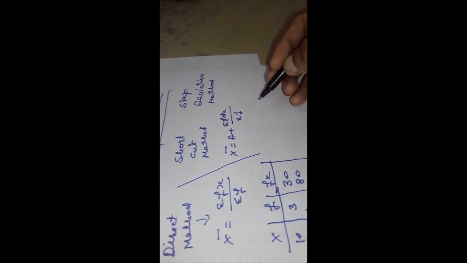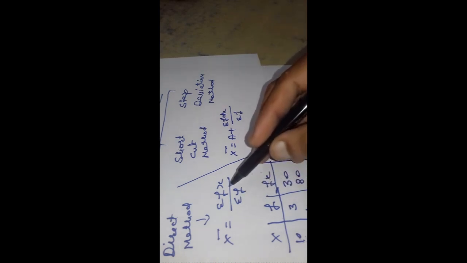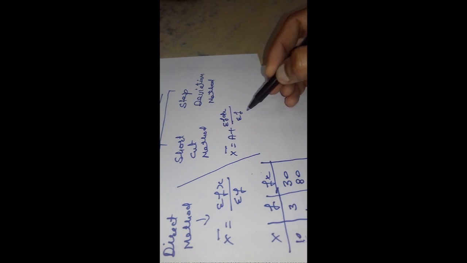This is the shortcut method, in which we can take the values from the assumed mean instead of the actual mean. Here we got the values through the actual mean, but now by the shortcut method we get the values by the assumed mean.